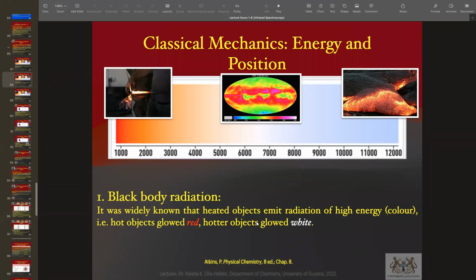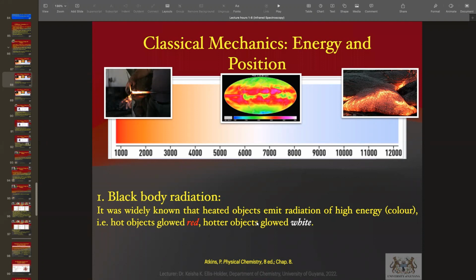The conclusion observed across the board was that hot objects glowed red and hotter objects glowed white. It was noticed across interactions with the environment that there was a consistency in the color of radiation emitted when the object was at a specific temperature.